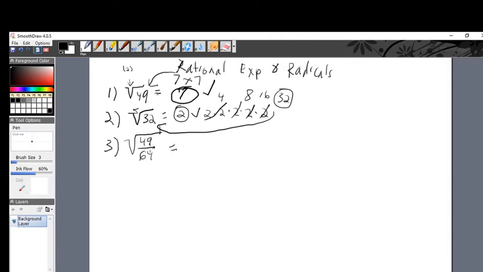That means take the square root of the numerator over the square root of the denominator. I can give that one big radical and give it to both the top and the bottom. The square root of 49 is 7. The square root of 64 is 8, and that is the bottom line answer.